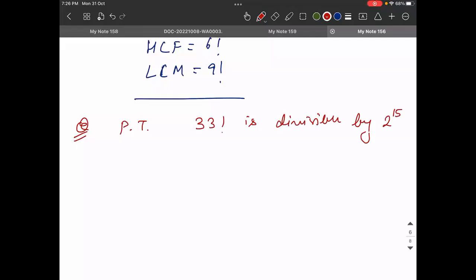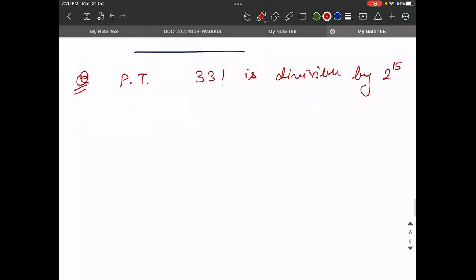If it is divisible by 2 to the power of 16, we start from here. So 33 factorial, we can write 1 multiplied by 2, 3, 4, 5, 6, 7, 8.